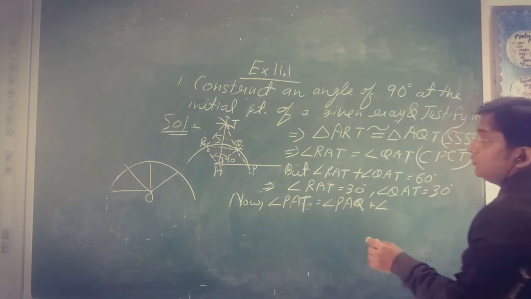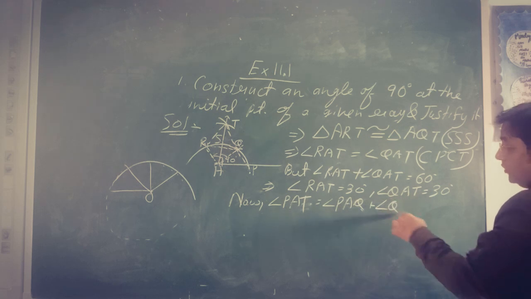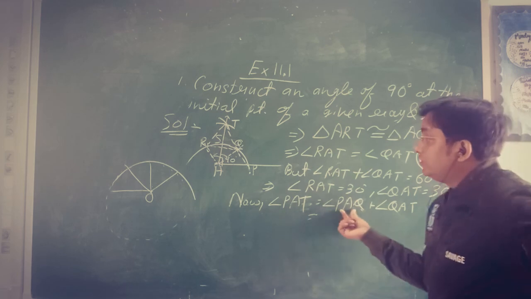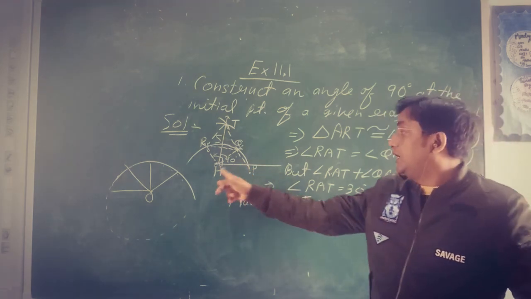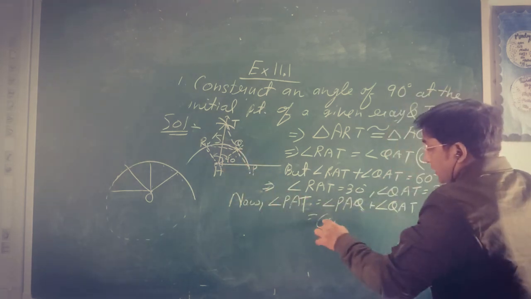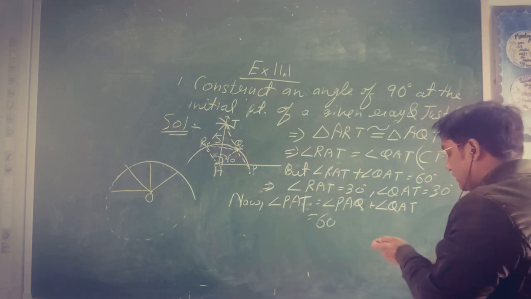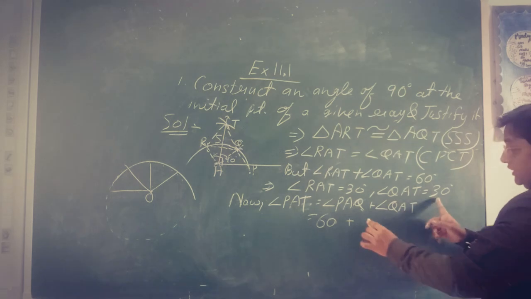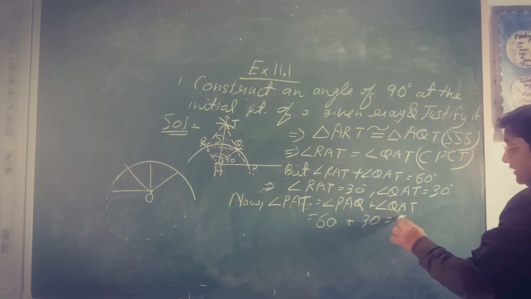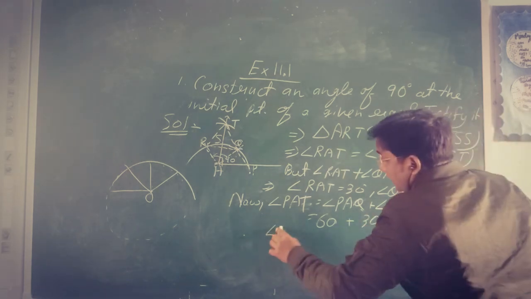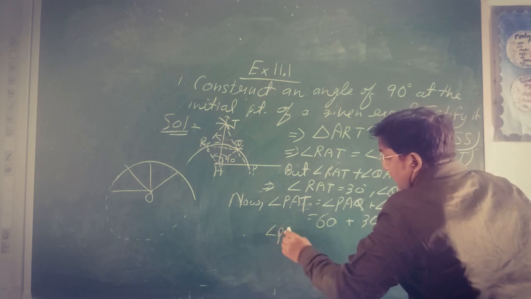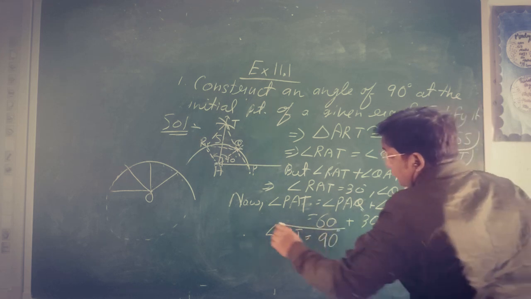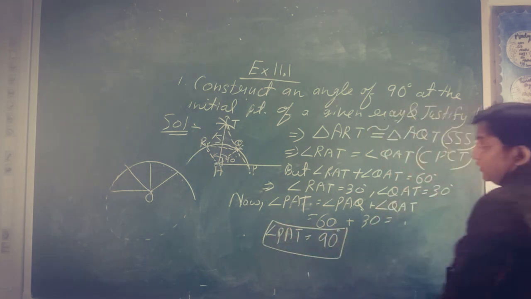It will be PAQ only, and QAT. This is 60 degree, PAQ, and this is 30 degree from here. This implies that angle PAT is equal to 90 degree. Hence, this is your result proved.